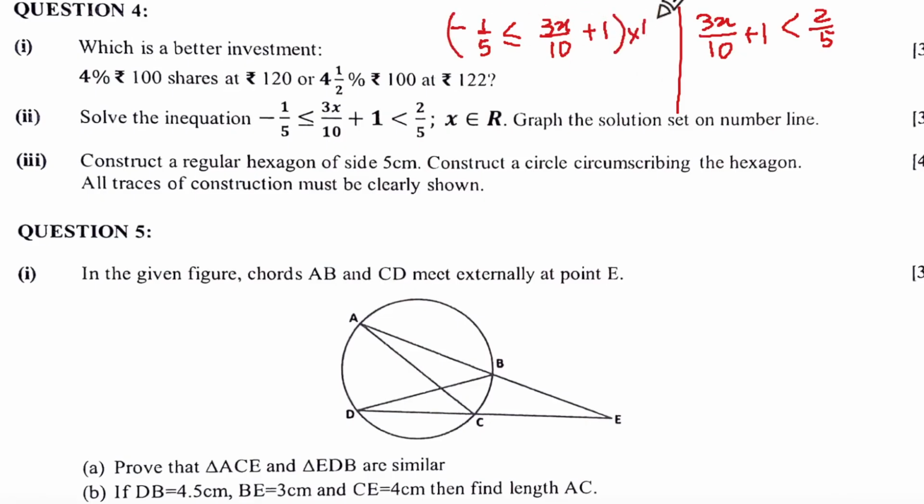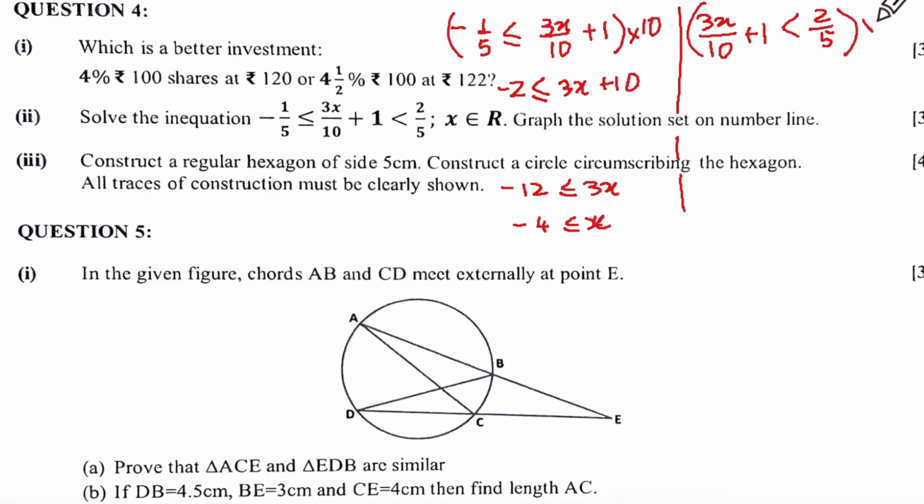So multiply by LCM. This will give me 5 into 2. So minus 2 less than or equal to 10. 10 gets cancelled if you multiply by 10. So 3x plus 10. We will get minus 12 less than or equal to 3x and minus 4 less than or equal to x.